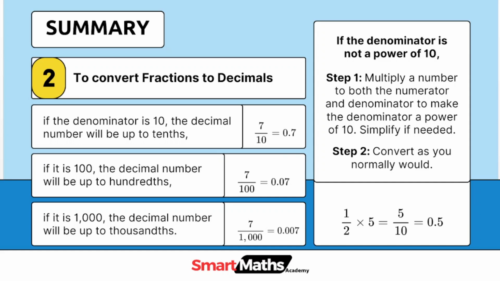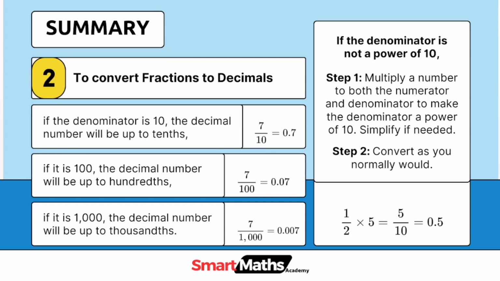The denominator of 1 over 2 is 2, so we need a number to multiply by 2 to get 10, and that is 5. So we multiply the numerator by 5 and the denominator by 5. That gives 5 over 10, which is 0.5.